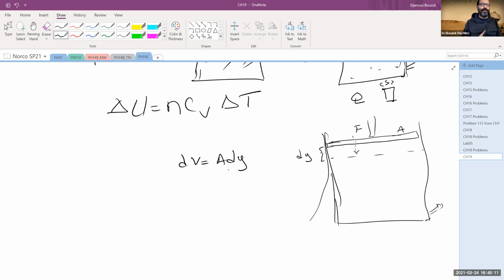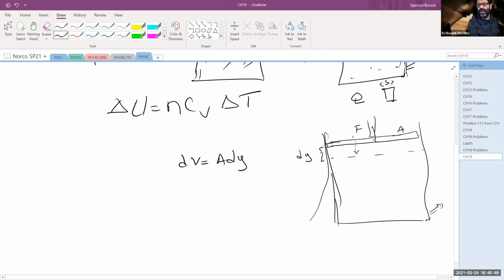Correct? Area times the height. So if it was V naught in the beginning, now it's V naught minus this number. Does this make sense? Okay, very good. So that's how much the volume of the gas changes while I'm doing that.